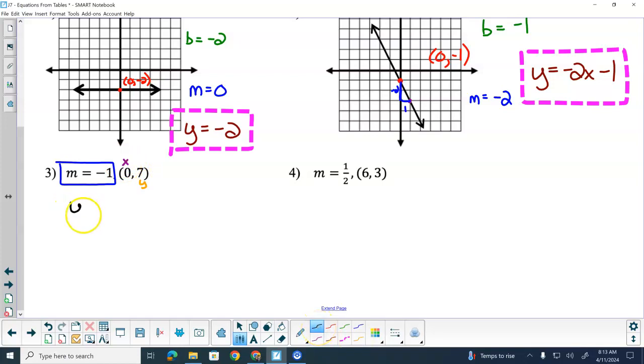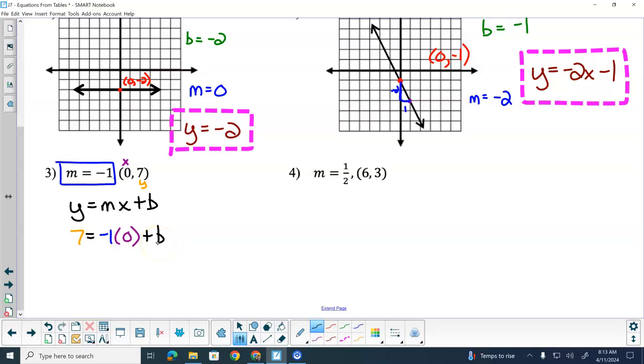If m is -1, and x is 0, and y is 7, plug all those things into y equals mx plus b. 7 equals -1 times 0 plus b.